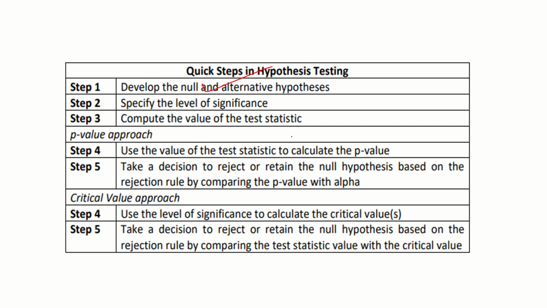Therefore, we reject the null hypothesis. In the critical value method, the critical value divides the entire distribution into two parts: the acceptance region and the rejection region. If the test statistic falls in the acceptance region, we accept the null hypothesis, else we reject it. That's for the lesson. See you in the next one.